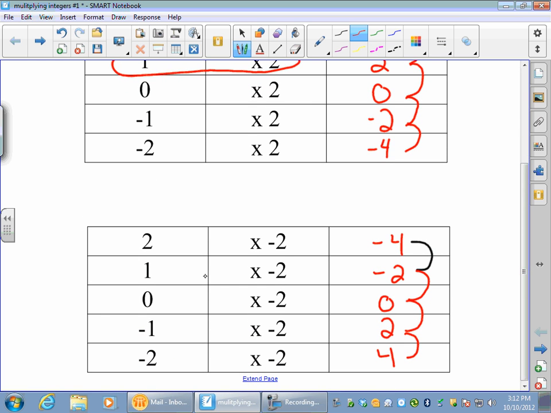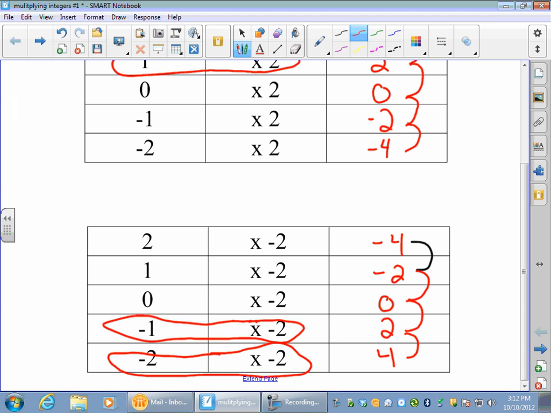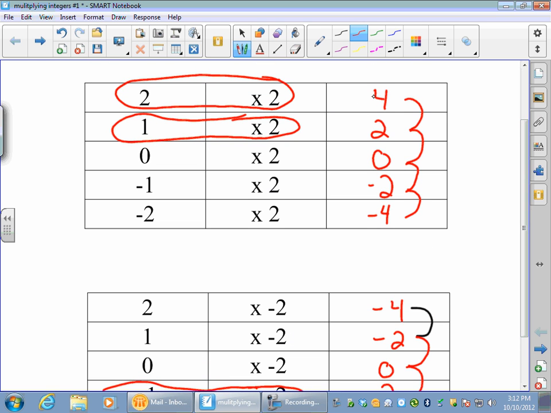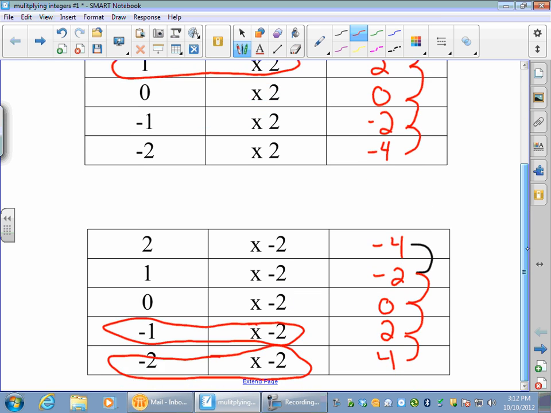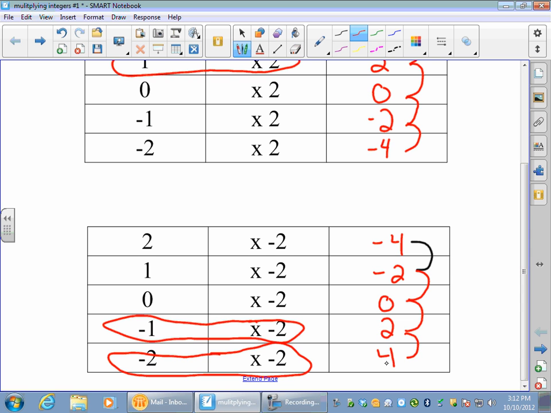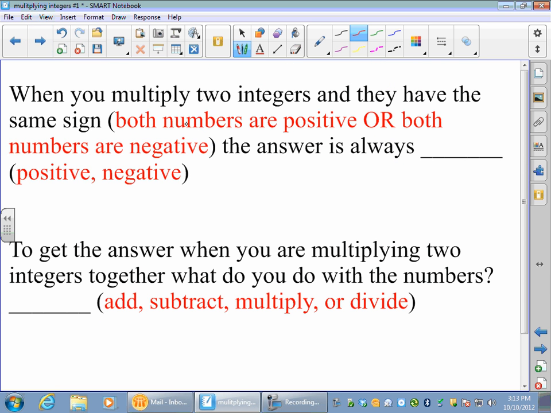Down here, I have two negatives on that one, and two negatives in this one. Let's look at those answers. I had a positive 4, a positive 2, a positive 2, a positive 4. So all four of those answers were positive. So it looks like we could say if we multiply two integers with the same sign, two positive numbers or two negative numbers, then the answer is always positive.